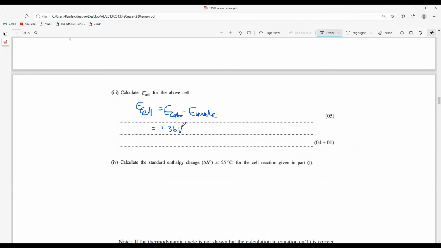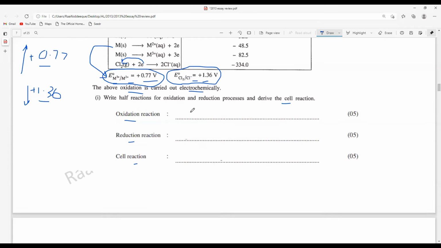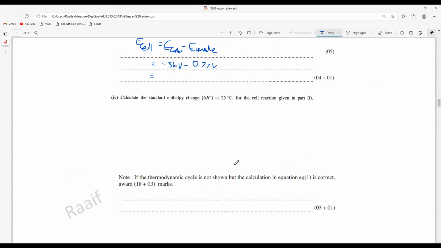You need to put units, volts. Then minus E anode, typically there will be a minus value, but here it is still positive, so you don't need to put the bracket. It will be minus 0.77. So you can subtract this and write down the value.